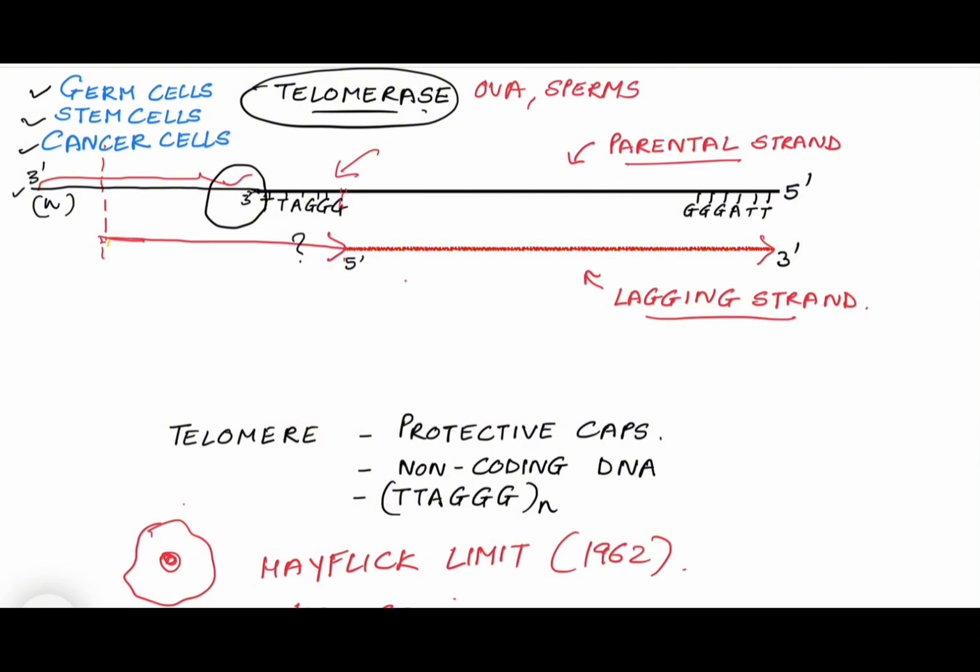So in somatic cells, if there is any mutation and if they are immortal, they'll keep dividing and it will develop into cancer. That is why after a particular number of divisions, somatic cells become senescent and then they stop dividing.